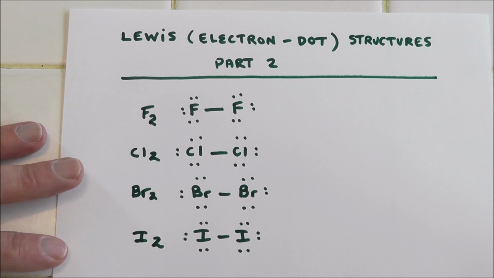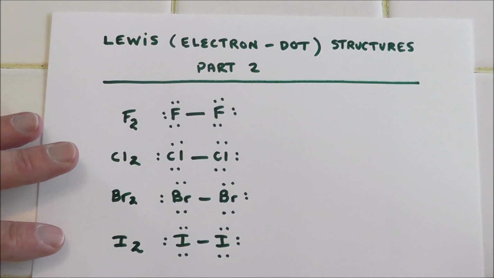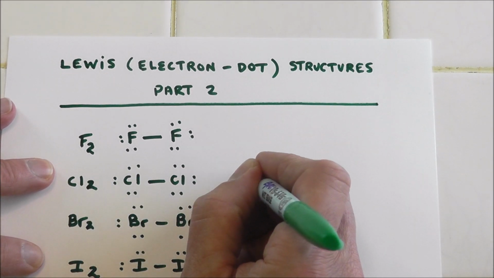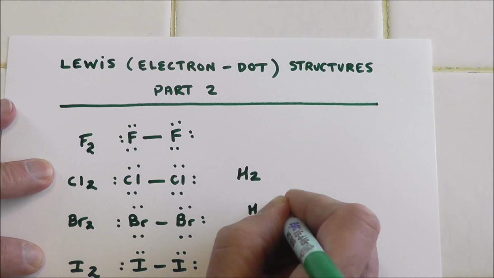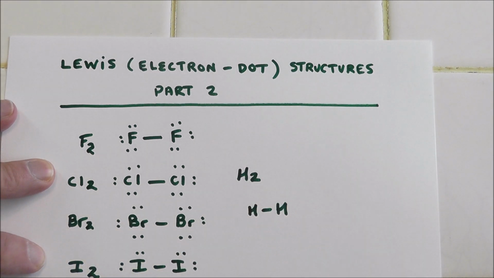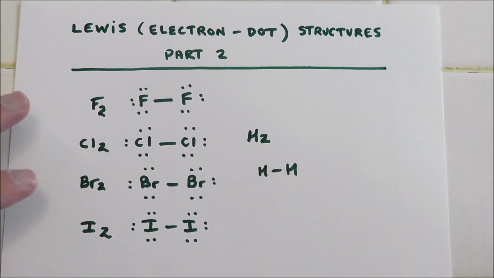By the way, we're going to talk about more diatomic molecules, but hydrogen would kind of fulfill its octet rule in a different way because it's in the first period and only needs 2.